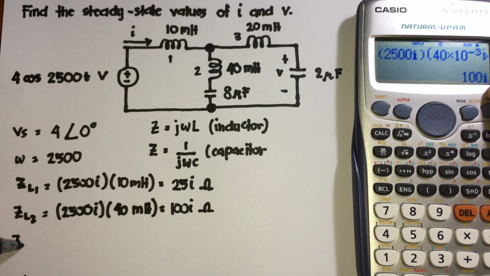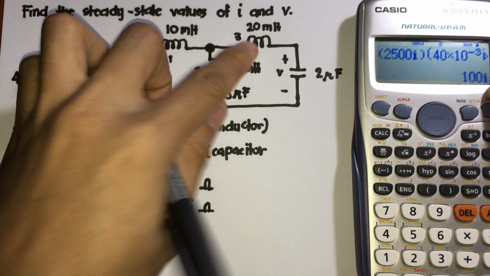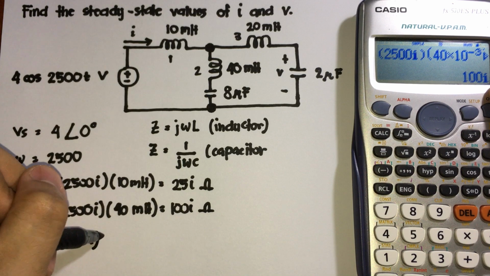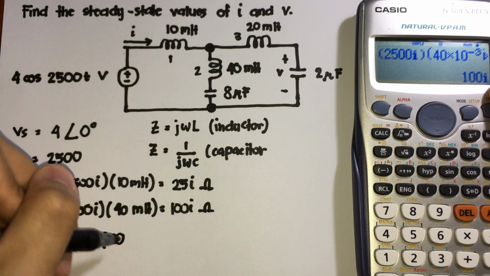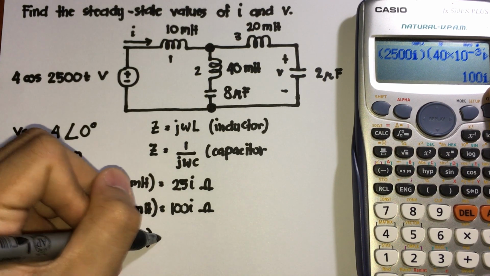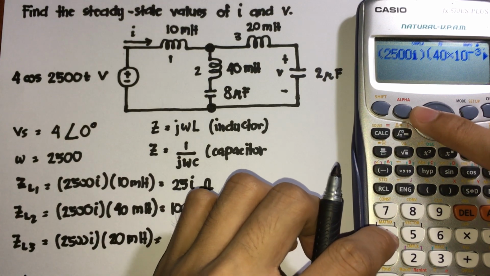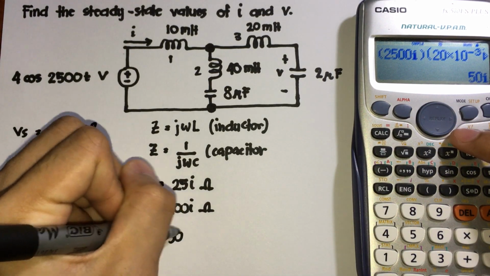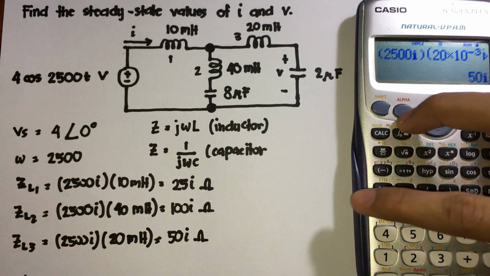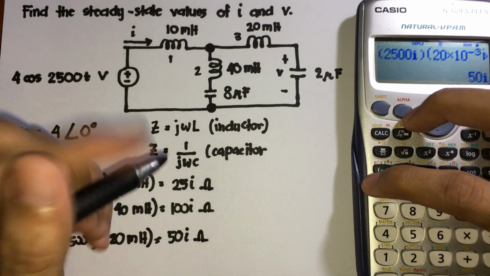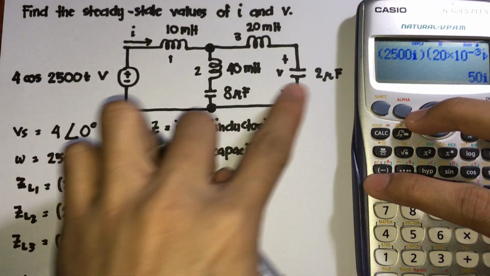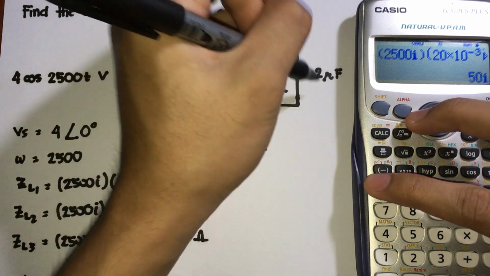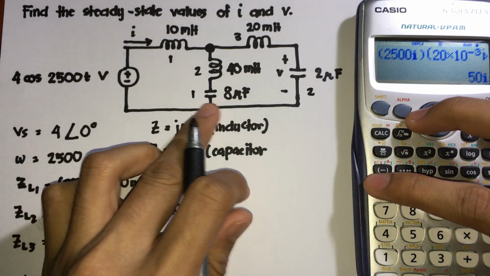And for the last inductor, ZL3, we have 2500I times 20 millihenry, and that value would be 50I. Now we have already obtained the values for the inductors. We will now go to these two capacitors. This one will be ZC1 and this one ZC2.